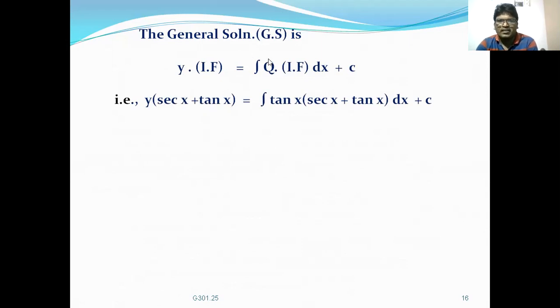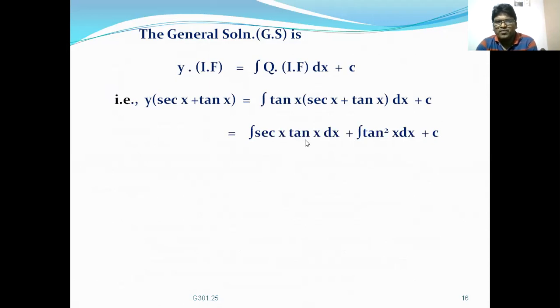On the right side, integration of the q value, which you already know from the problem, is tan x, and the integration factor we have already calculated. So now you have to multiply these two terms with tan x. It becomes integration of secant x tan x dx plus integration of tan square x dx plus c.